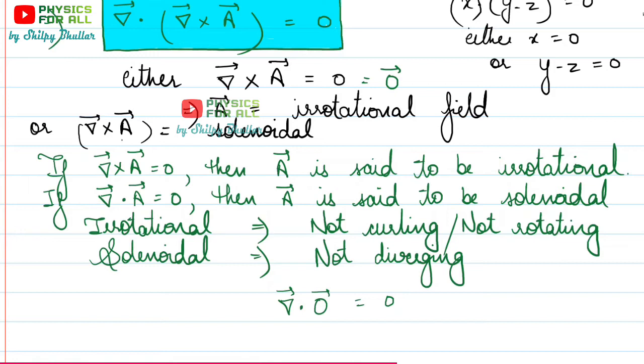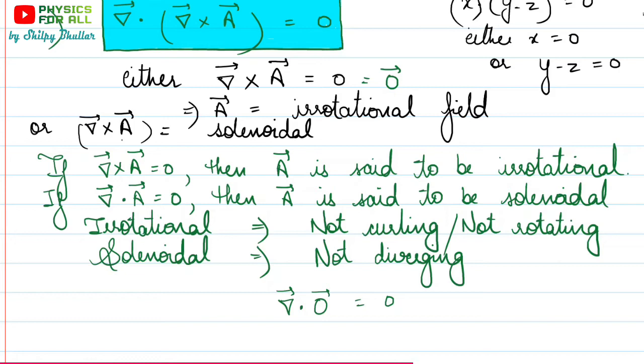And if you find divergence of any non-diverging vector field, obviously the answer is going to be 0. So something is happening. Either of the two, like you are finding divergence of curl of a vector, so you are hoping both rotation and spreading. But this result says that something is not happening.